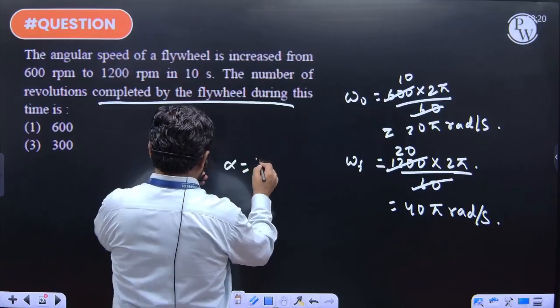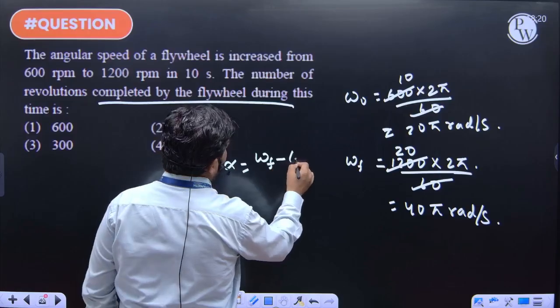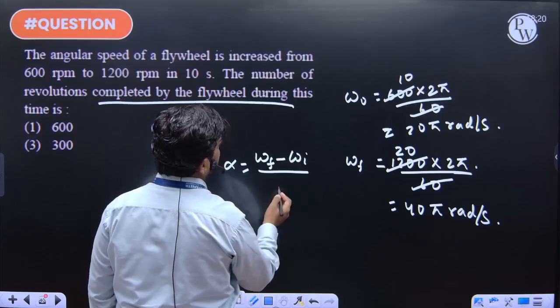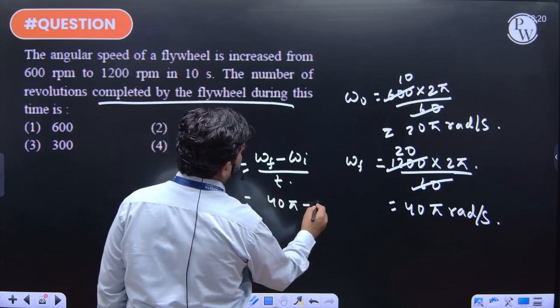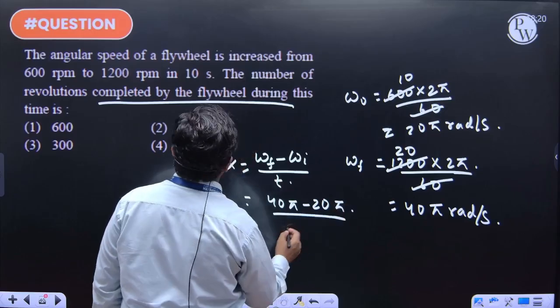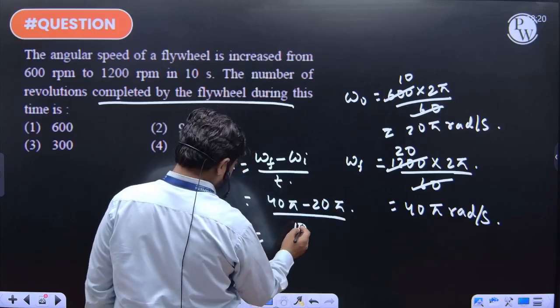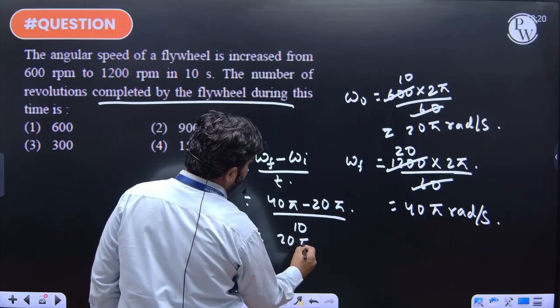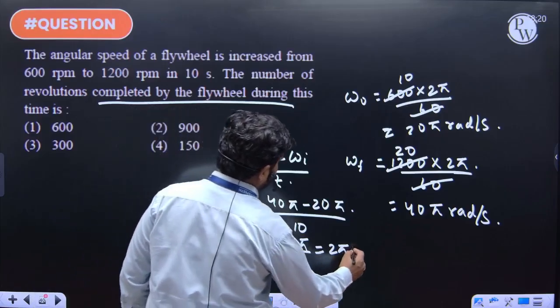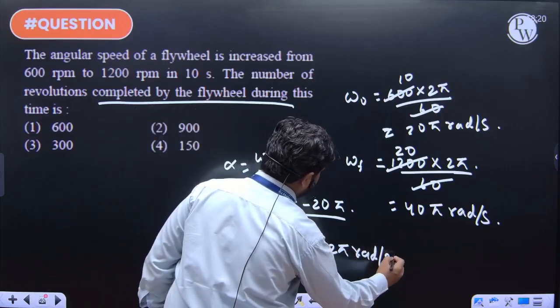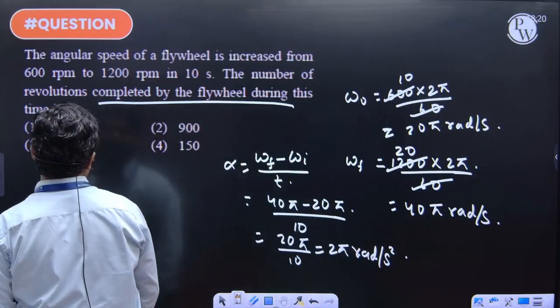So alpha is equal to omega final minus omega initial divided by time t. So 40 pi minus 20 pi divided by time t, which is 10 seconds. So it is 20 pi by 10, that is equal to 2 pi radian per second square. Alpha we got.